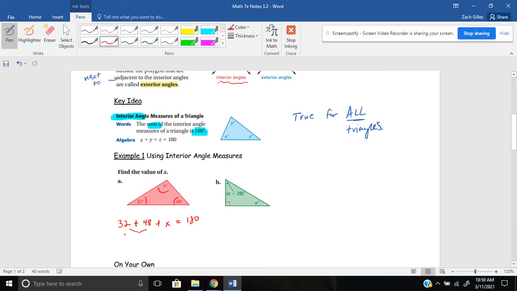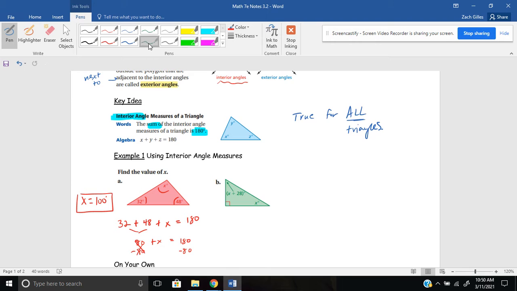My two like terms I can add here, 32 and 48 would give me 80, plus X is equal to 180. So 80 plus what number gives us 180? Or you could think about it as, to isolate X, I would subtract 80 on both sides. And X would give you 100 degrees.